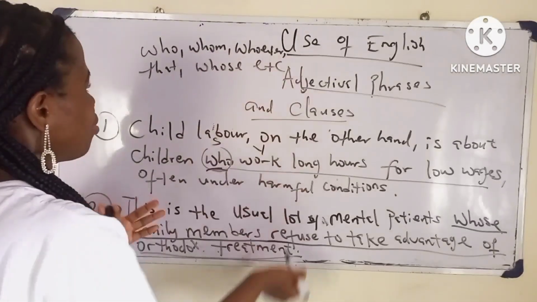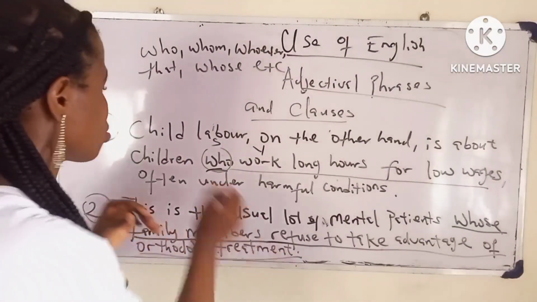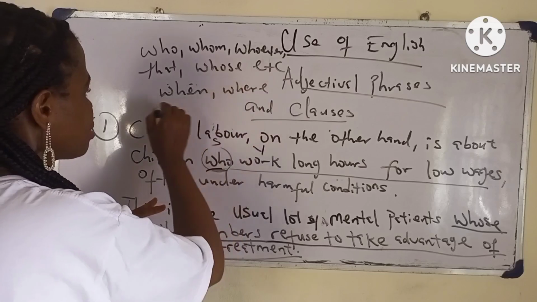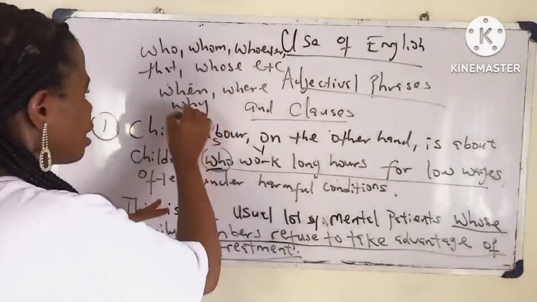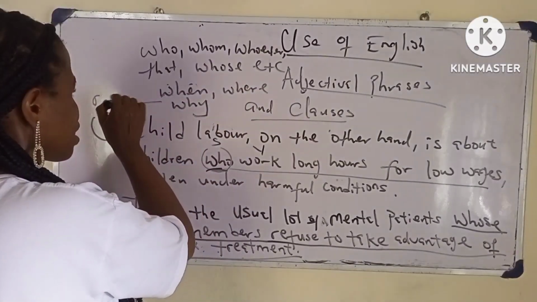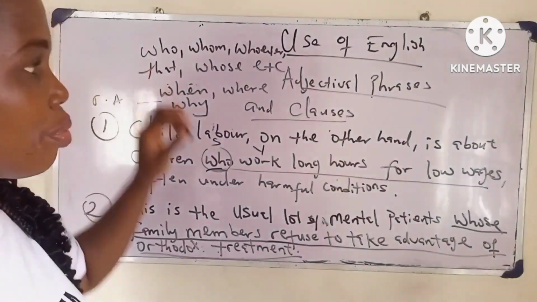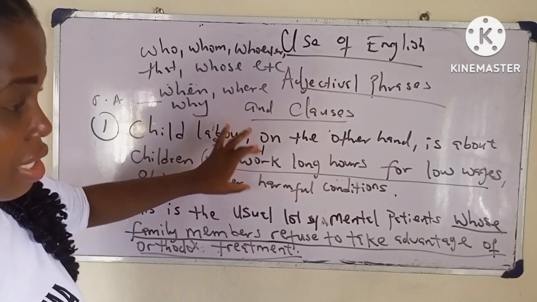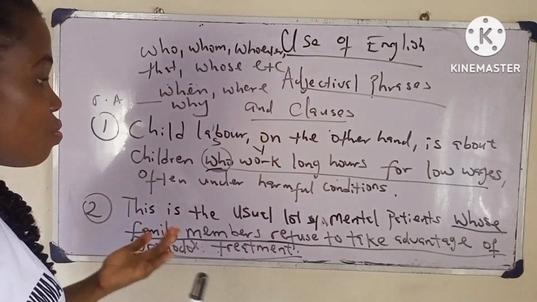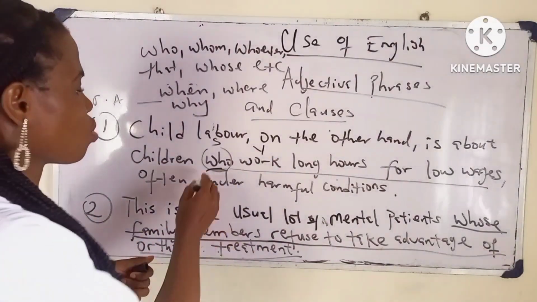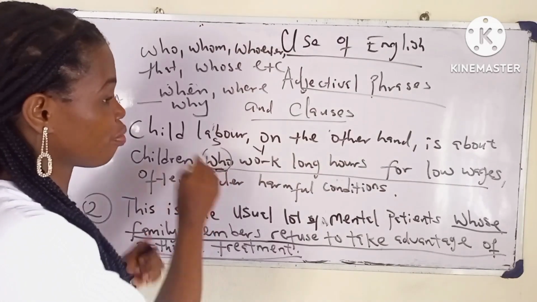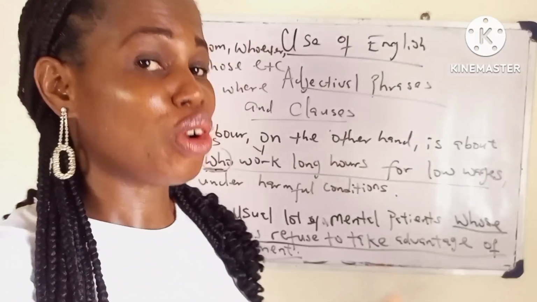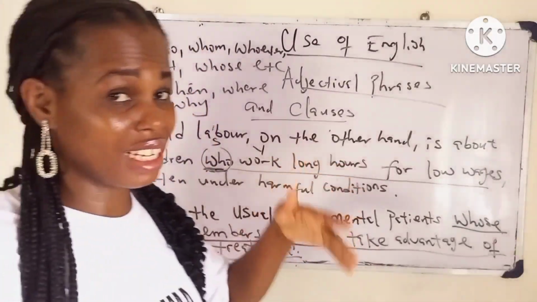Relative adverbs include when, where, and why. This group of underlined words starts with a relative pronoun, so who is the relative pronoun. That should tell you that it is an adjectival clause, because we already identified it to be a clause.